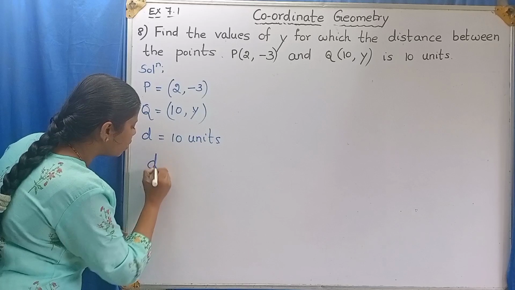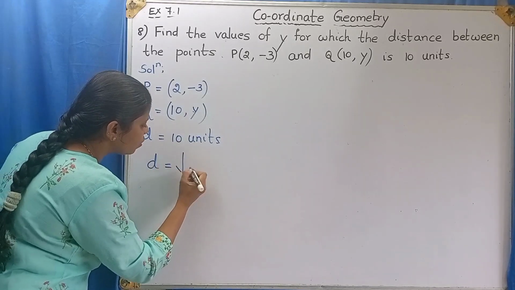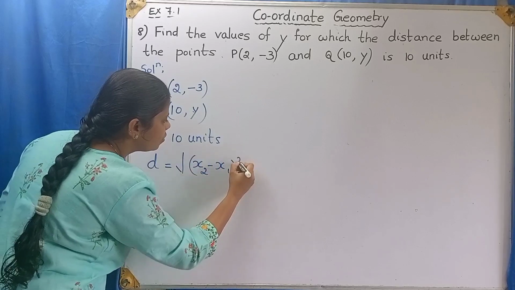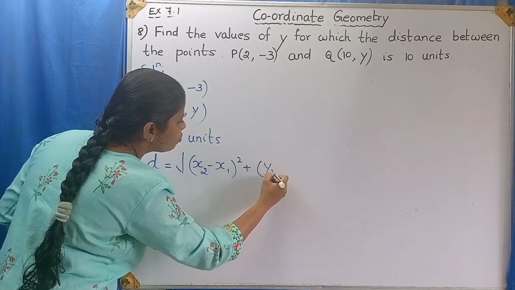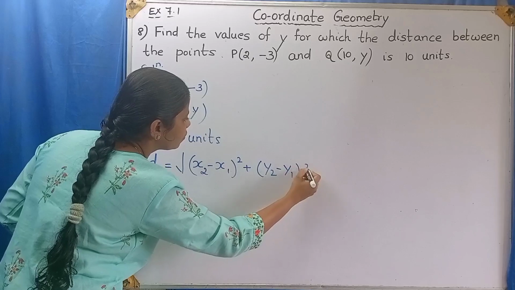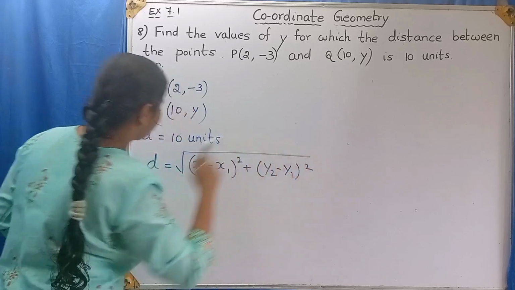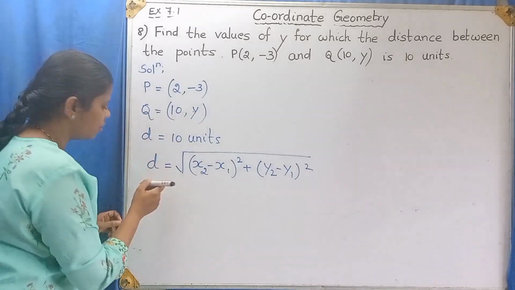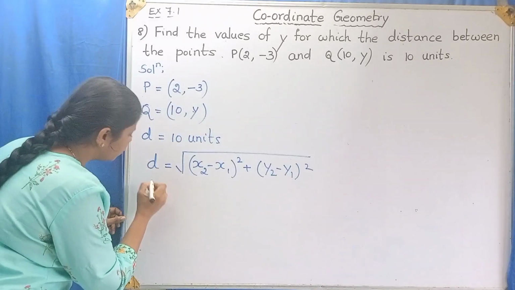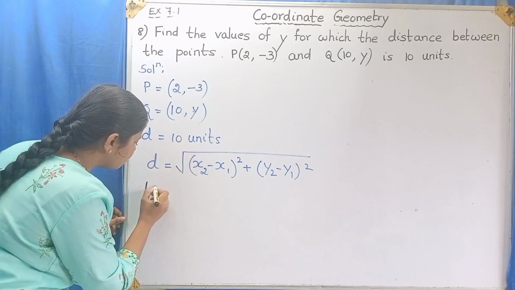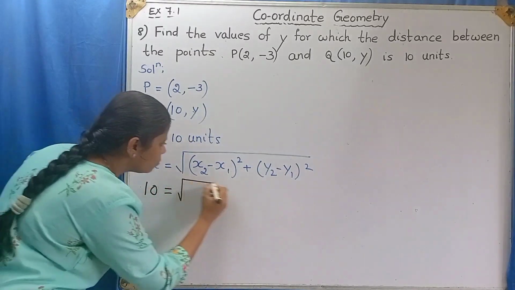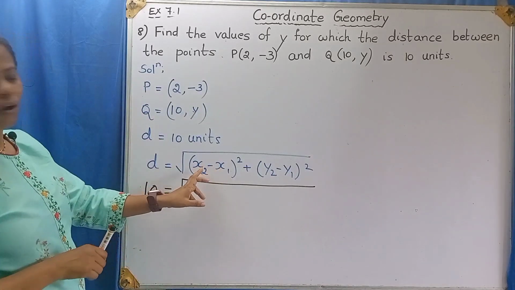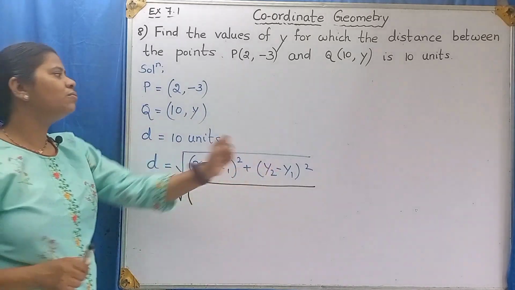Let us use the formula D is equal to the square root of (x2 minus x1) the whole square plus (y2 minus y1) the whole square. Let us use this formula to find the y coordinate of point Q. D is 10 units. 10 is equal to the square root of, here we have to substitute the values of x2, x1, y2, y1.